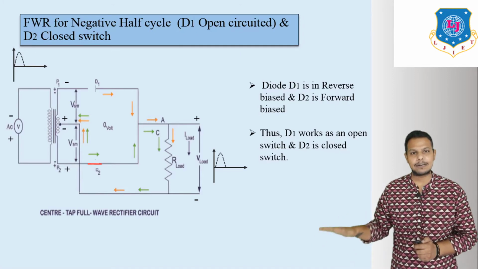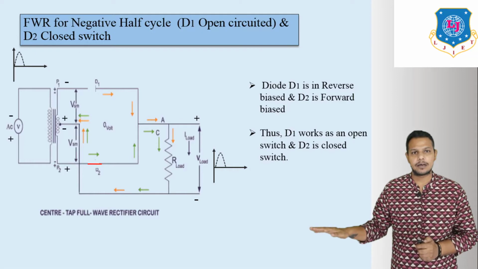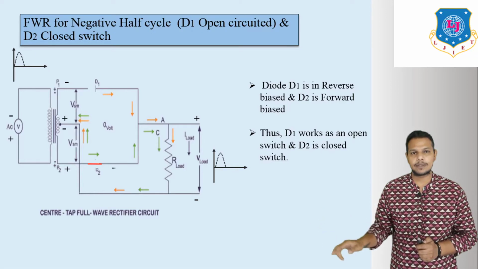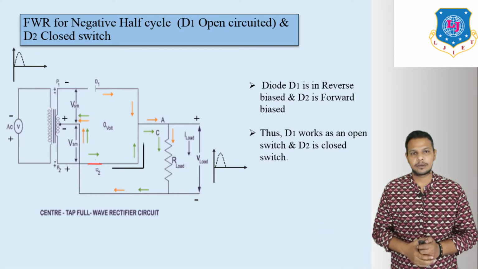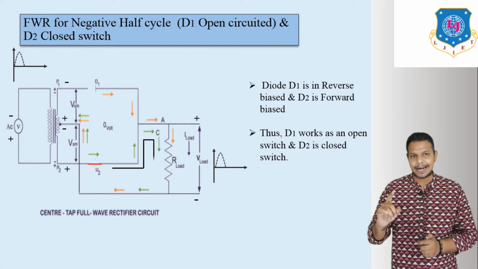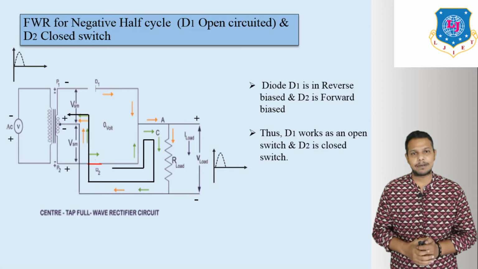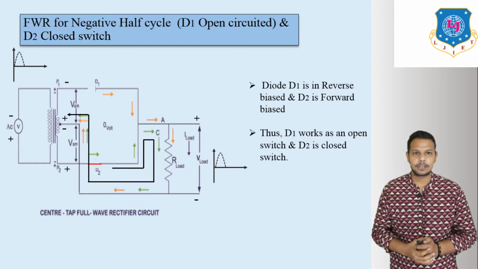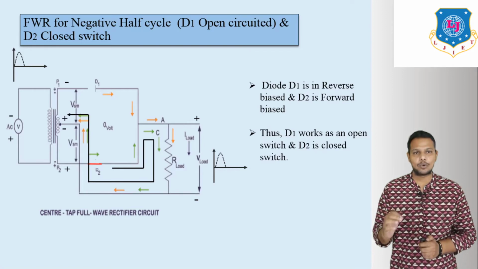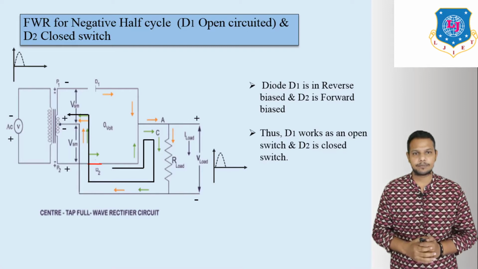Then current flows in this direction, and at that time diode D1 works in reverse bias. That means it becomes off.